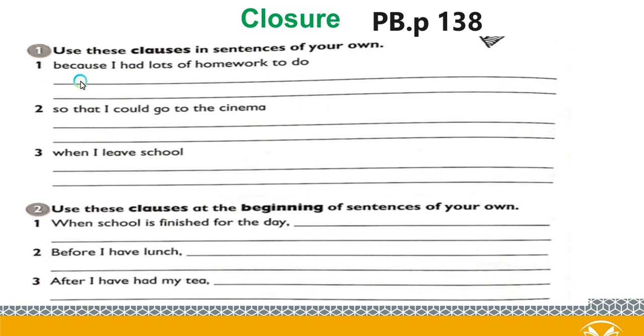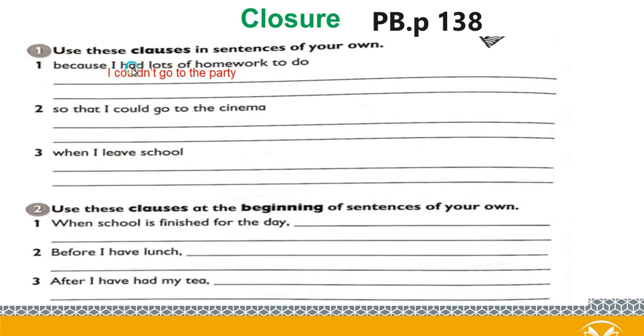Question number 1. Use these clauses in sentences of your own. Because I had lots of homework to do, I couldn't go to the party. Why? Because I had lots of homework to do. So this is the first part.